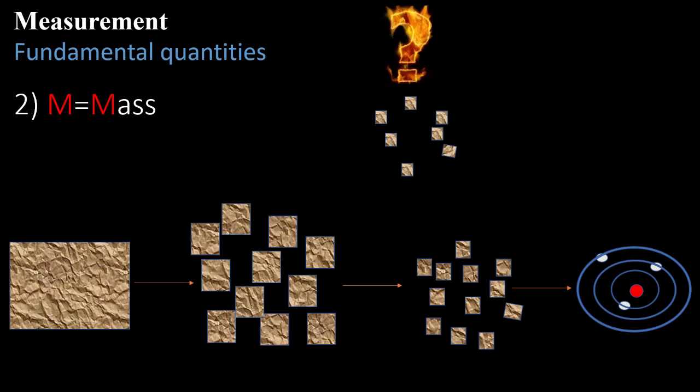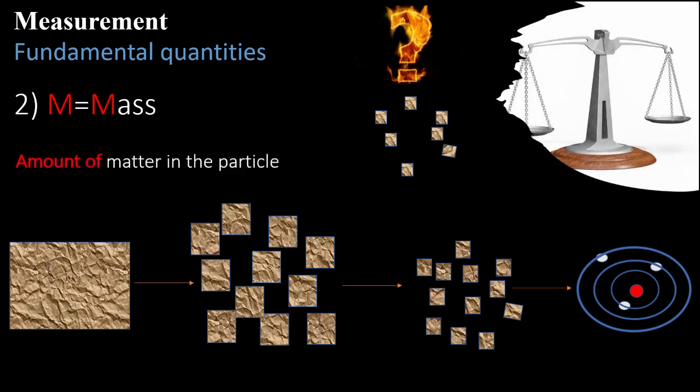Of course, right? So there are different definitions you might find, like mass number, atomic number. The thing we define here is the amount of matter in the particle, which can be simply measured with a scale. So don't get yourself confused with mass numbers and atomic numbers.